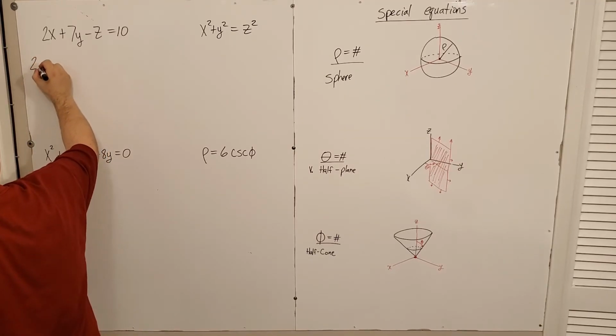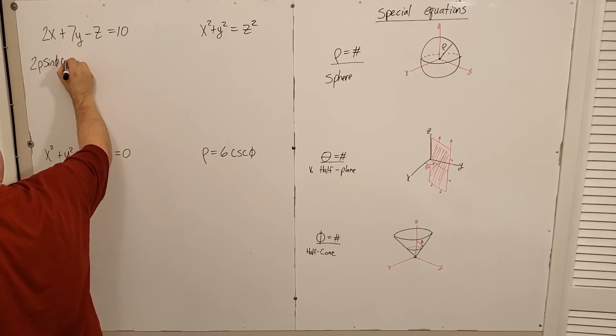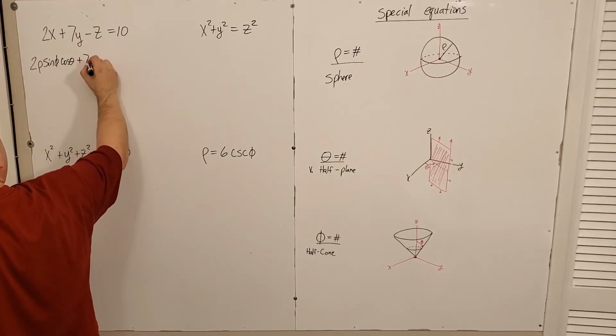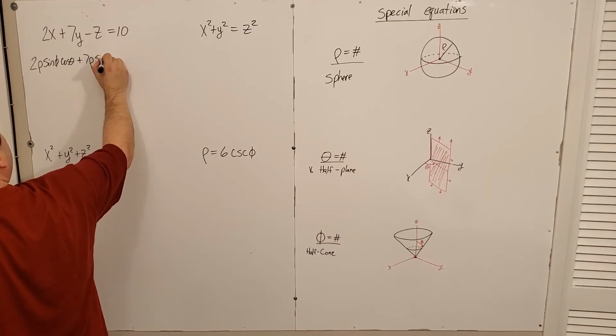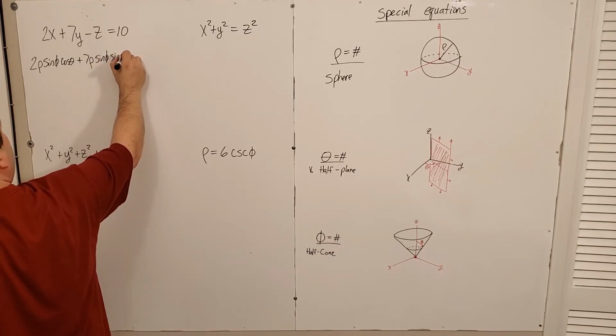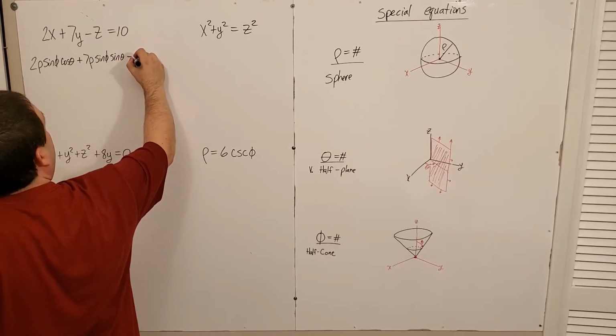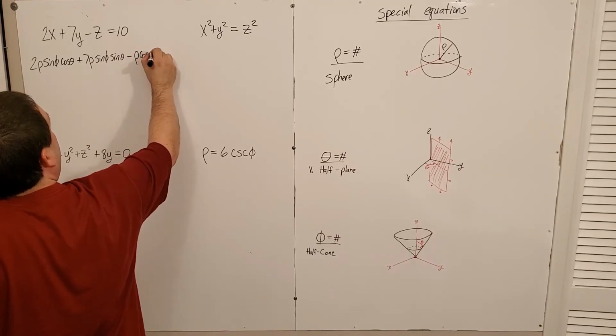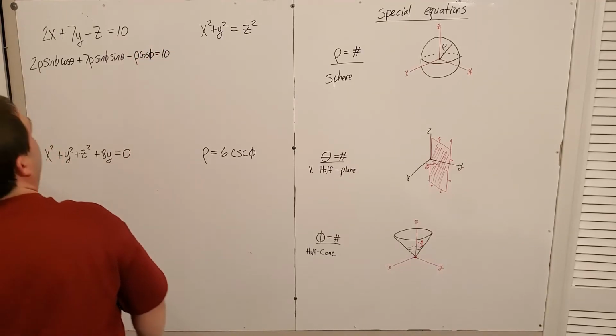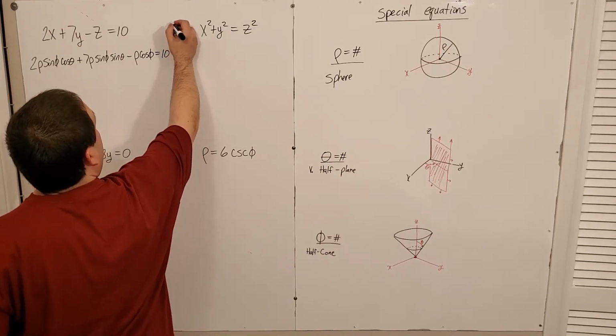So I'll have 2 rho sine phi cosine theta plus 7 rho sine phi sine theta minus rho cosine phi equals 10, right? Something like that.